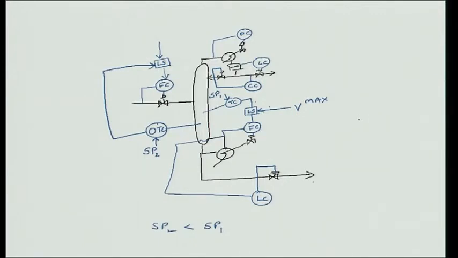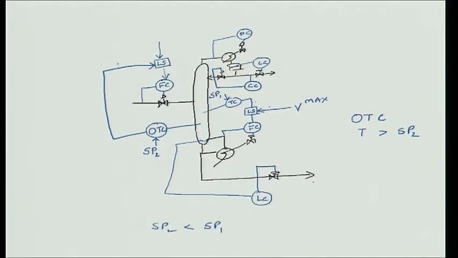Okay. So, for the override temperature controller, temperature will be greater than SP2. Because temperature is greater than SP2, the override temperature controller will say that, look, my column is too hot, give me more feed.